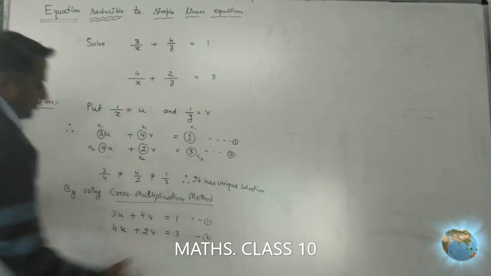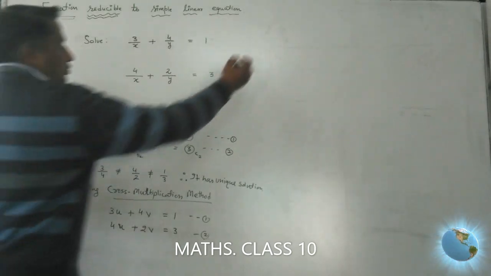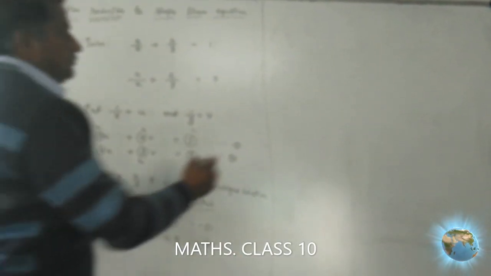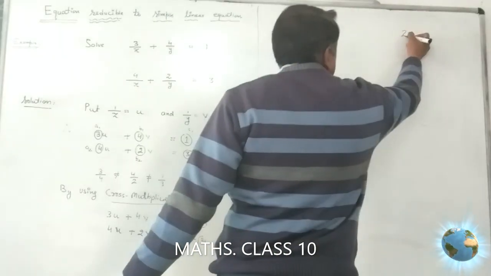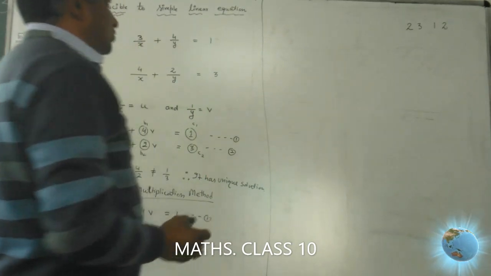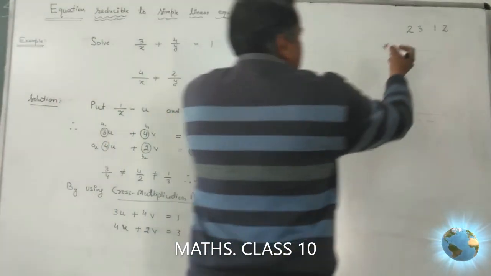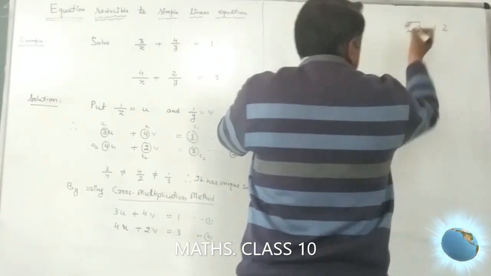The first and second equations we already have. Now we have to use the 2 3 1 2 rule. Here we have u and v, and 2 3 represents the second and third columns.